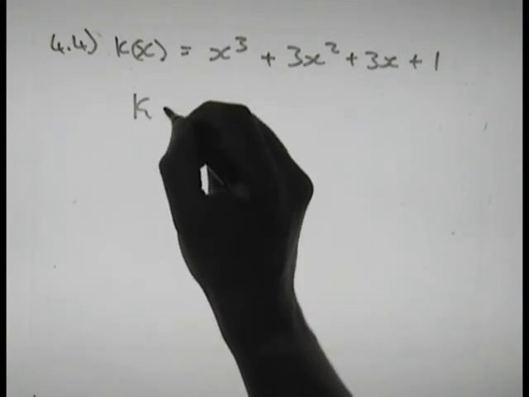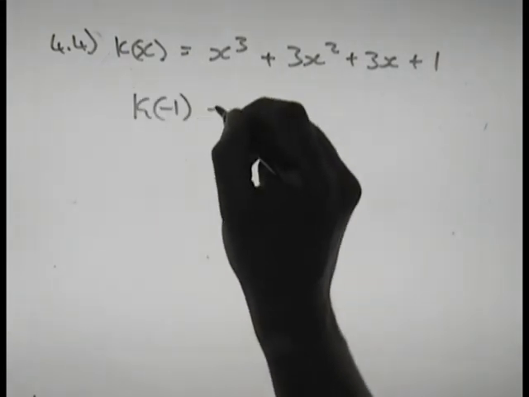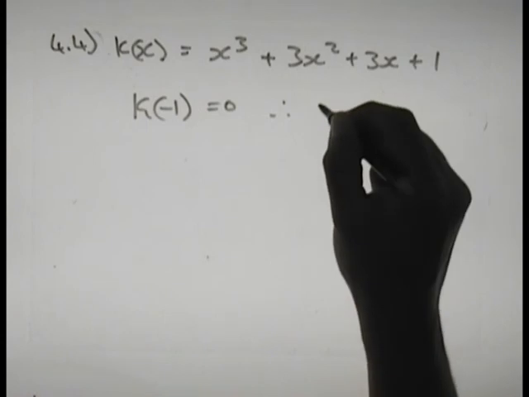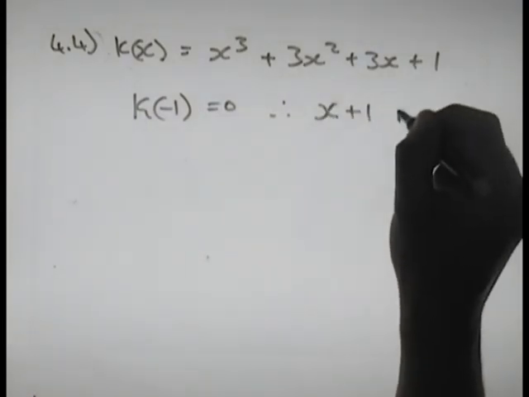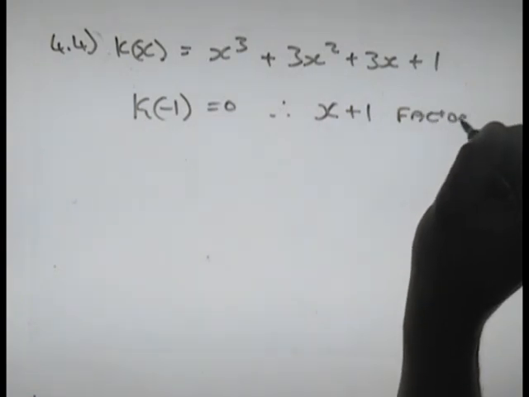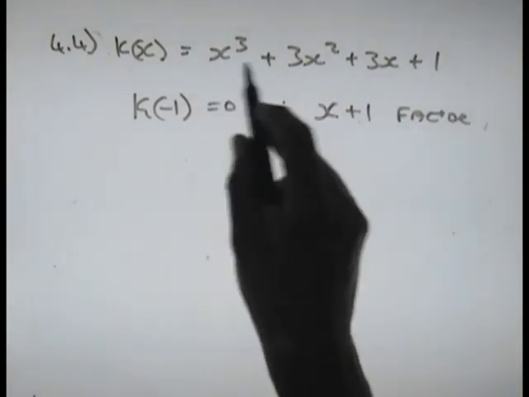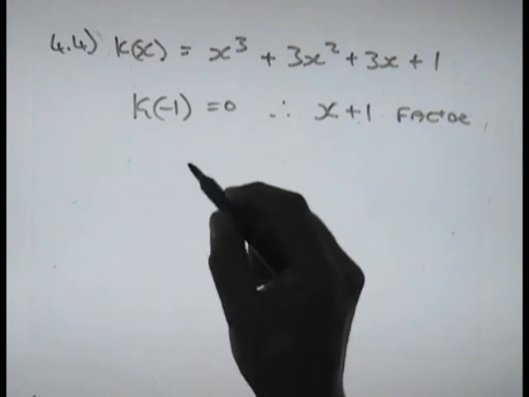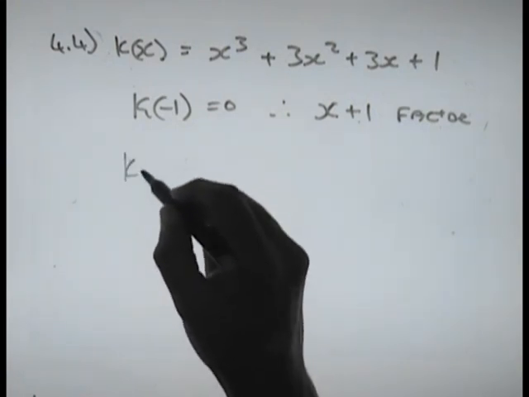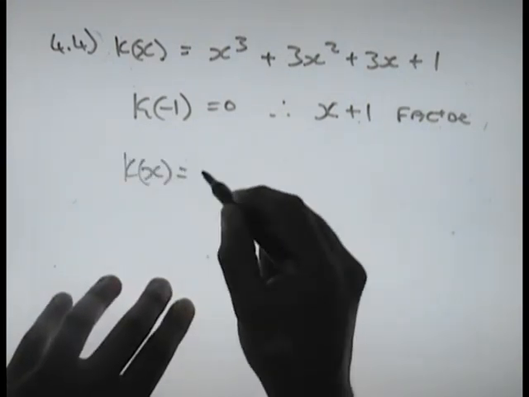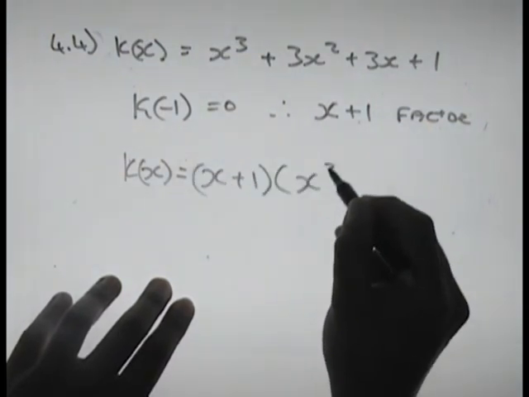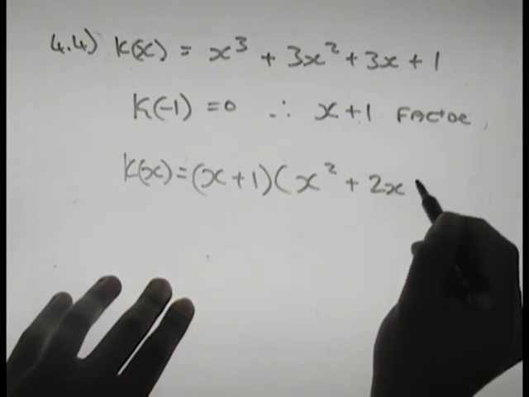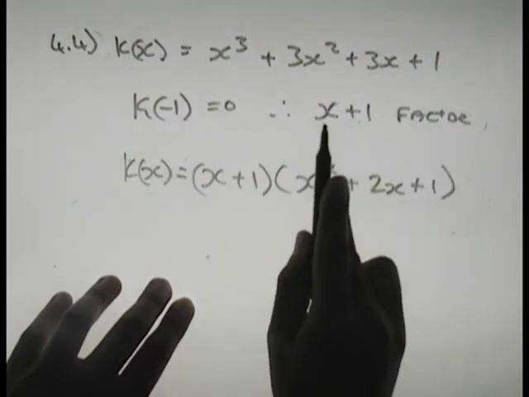Again, trial and error method, I find that k of negative 1 is equal to 0. Therefore, x plus 1 is a factor. Dividing x plus 1 into this will yield an answer of k of x is equal to x plus 1 into x squared plus 2x plus 1.